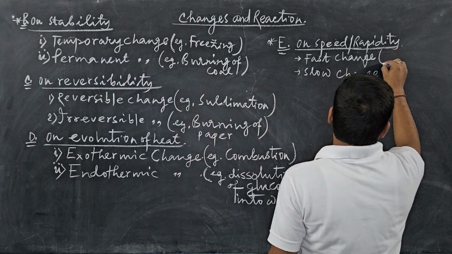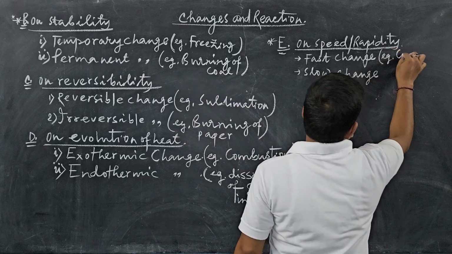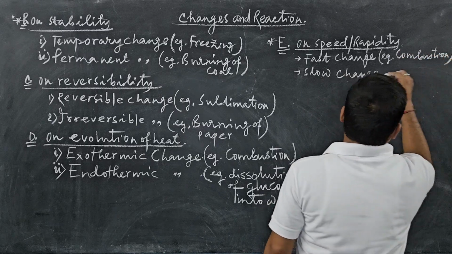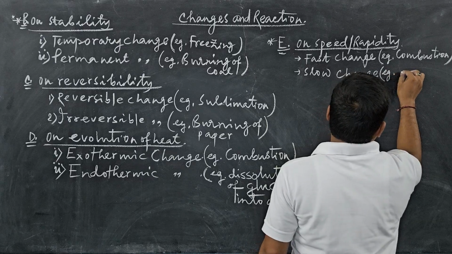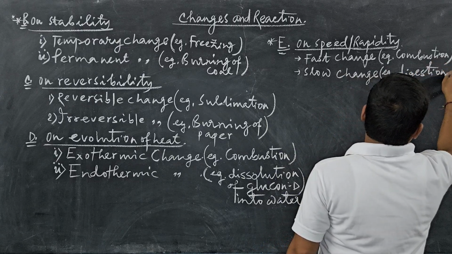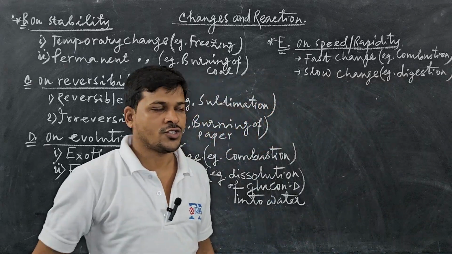One example of a fast change is combustion, and one example of a slow change is the digestion of food, which is a very slow change.